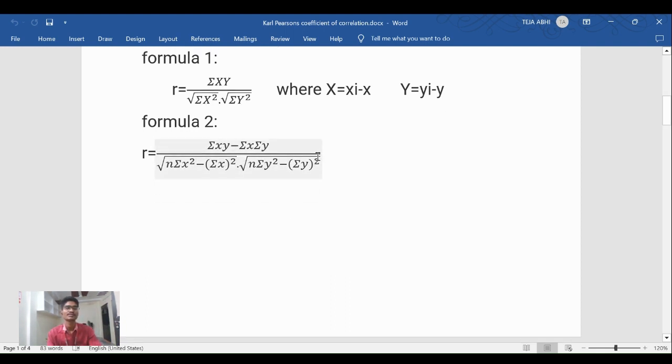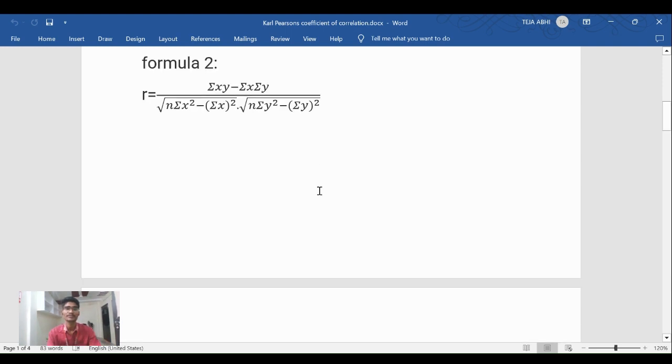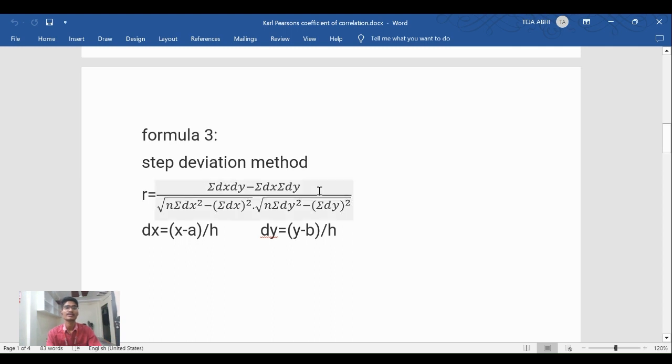Similarly, I have a third formula using the step deviation method, and it is similar to the second formula: r is equal to the summation of dx into dy minus the summation of dx into the summation of dy, by the root of n into the summation of dx square minus the summation of dx whole square, into the root of n into the summation of dy square minus the summation of dy whole square.